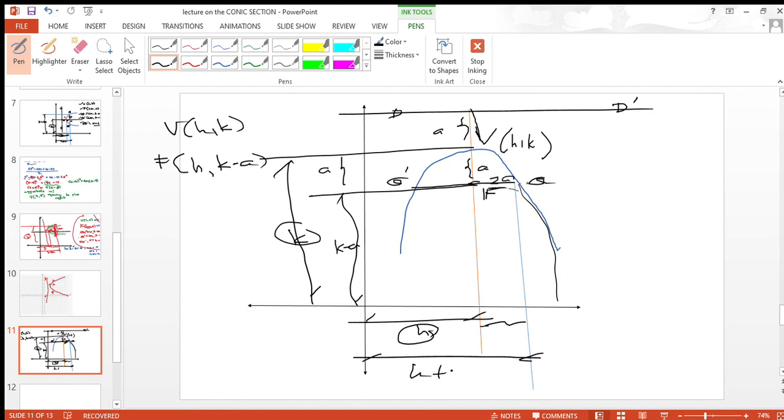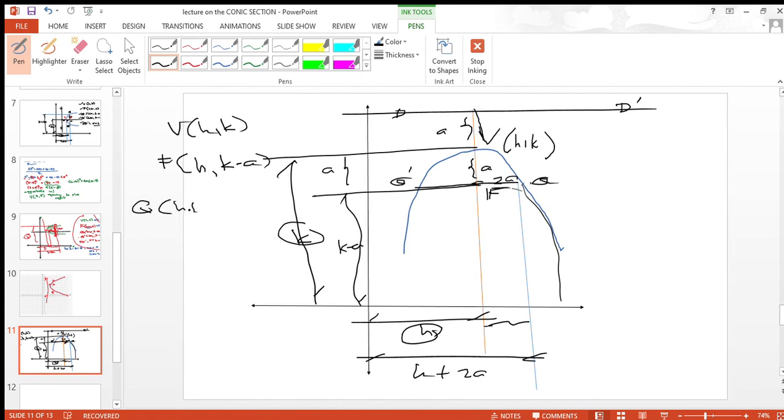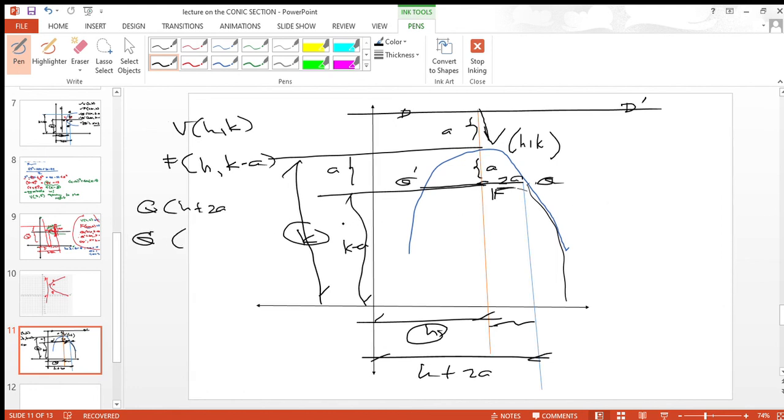So this is H plus 2A. So yan yung abscissa ni Q, H plus 2A. Si Q prime, since nasa left, it will now be H minus 2A. Nasa left eh. And then yung ordinate, pareho ng ordinate ni F, K minus A. Ganun din si Q prime, K minus A.